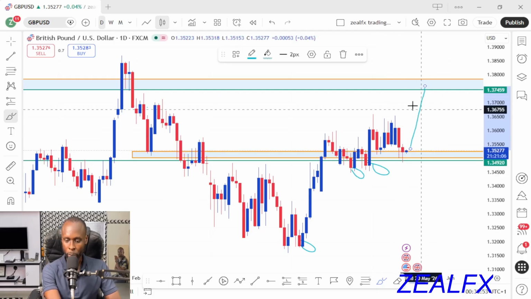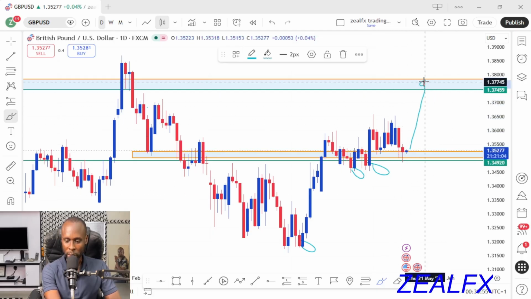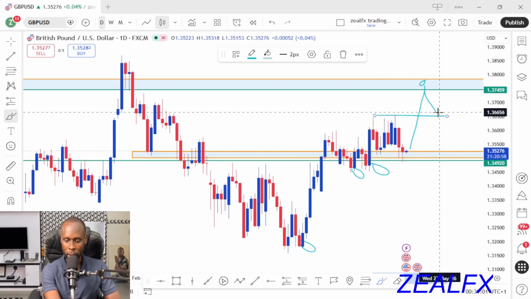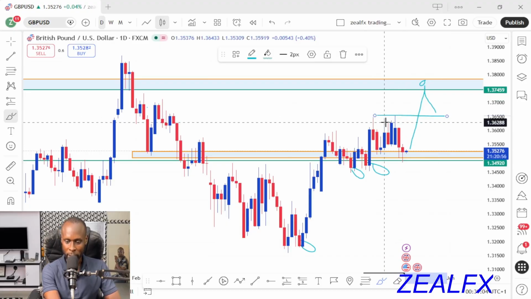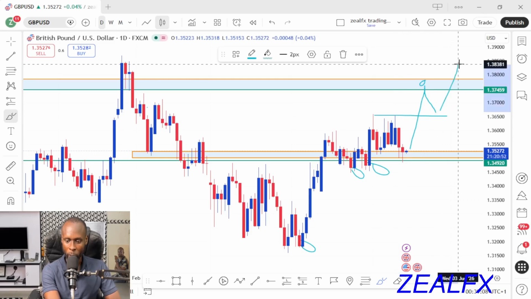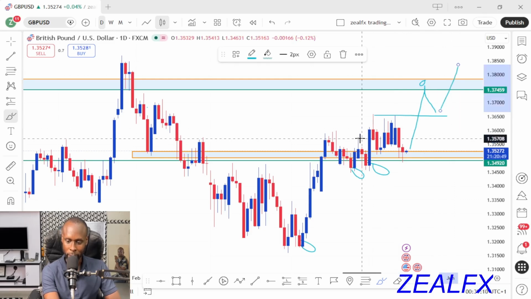Then if price gets to this resistance level and fails to break it, we might see price doing a retest back to this previous resistance level before we can see further buying for the pound USD. So you can see clearly now that the weekly chart and the monthly chart are all in line for the bullish opportunity for the pound USD.